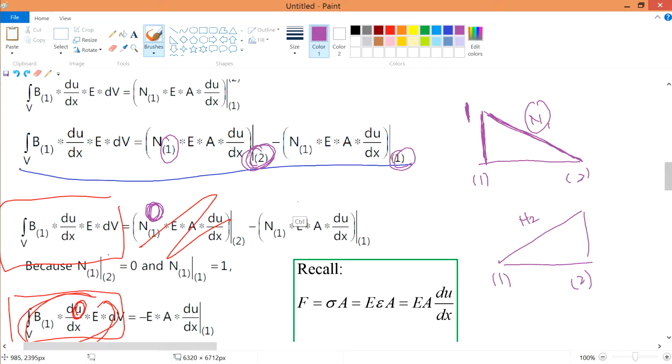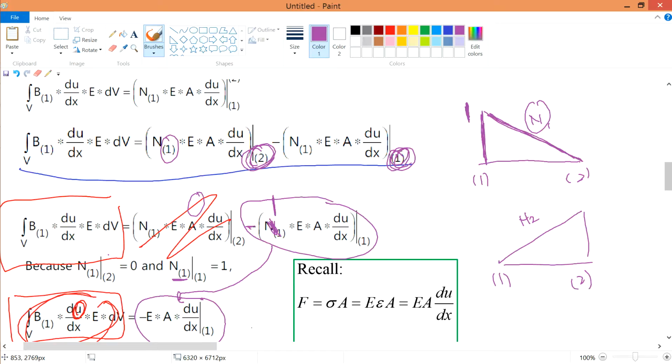And then at N1 node 1, which is this node 1 over here, it equals 1. So your N1 over here equals 1, times EA du/dx. So I have minus, so this is 0. 0 minus EA du/dx is simply minus EA du/dx over here. So I'll just bring it all over here now.